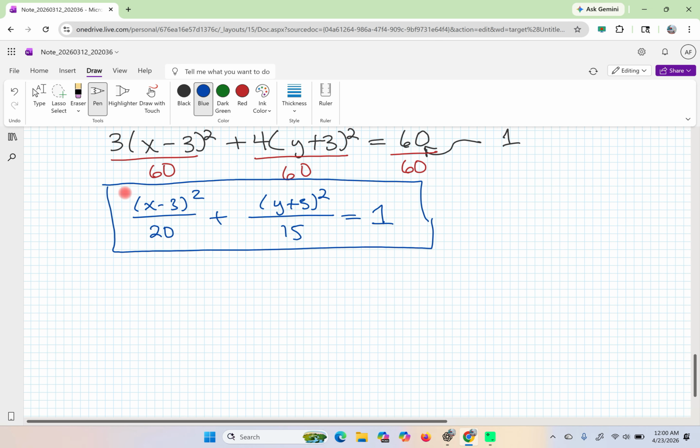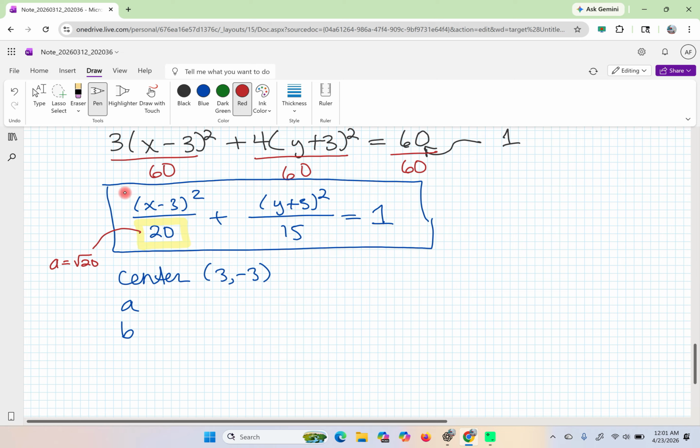I now need to find the center, which is at 3, negative 3, the a value and the b value. Which denominator is larger? This denominator is larger. So this is my a value, and a equals the square root of 20.